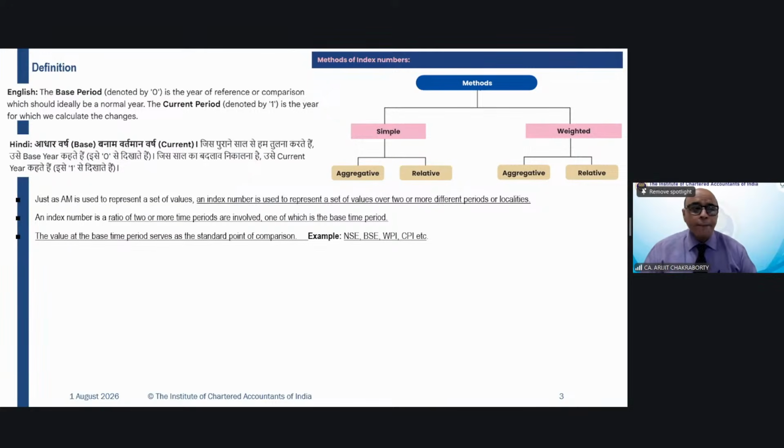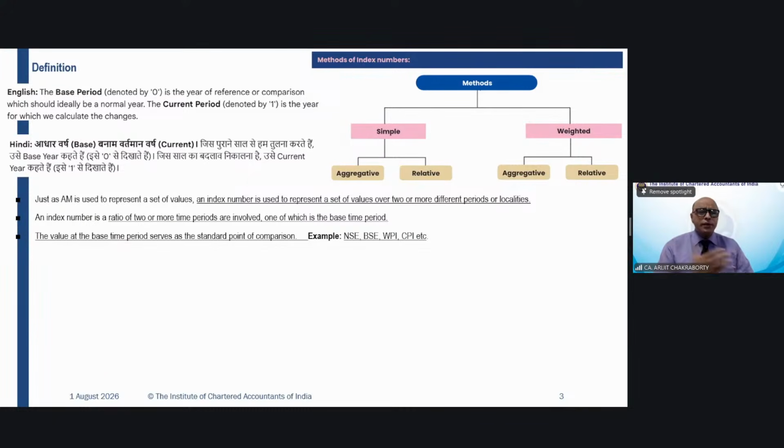So please remember that index number is just like a fraction. We are just trying to find out the price or the quantity consumed in the current year divided by the same corresponding price or quantity in the base year. And the value of the base time period is known as the reference point.